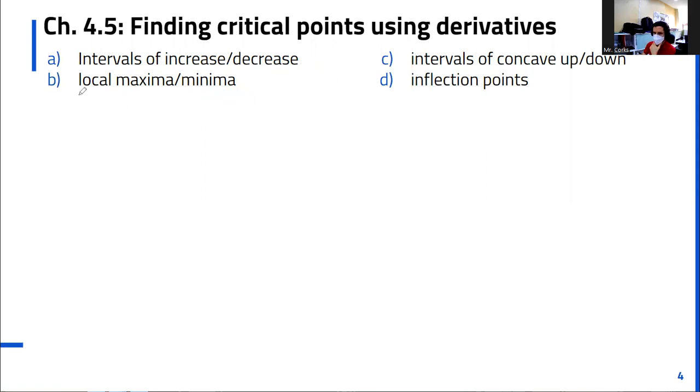Local here does not mean only local ones. A global maximum is also a local maximum in a local sense. It just happens to be a global maximum on top of that. So this is basically saying, let's find the maximums and the minimums, but we don't need to figure out if they're just local or if they're also global.